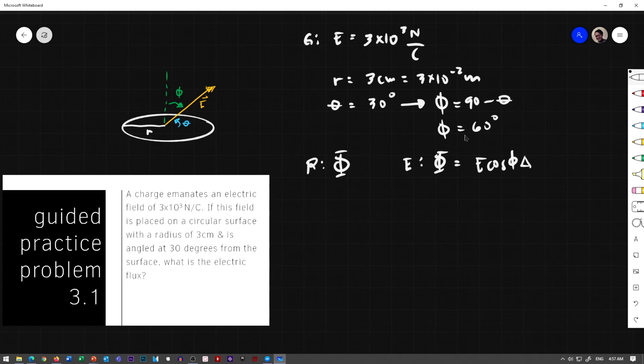All right, next is to substitute. In this case, what would be the formula that we're going to use for area? That would be the area of the circle. So your equation now will become electric flux is equal to E cosine phi multiplied by pi r squared, right?